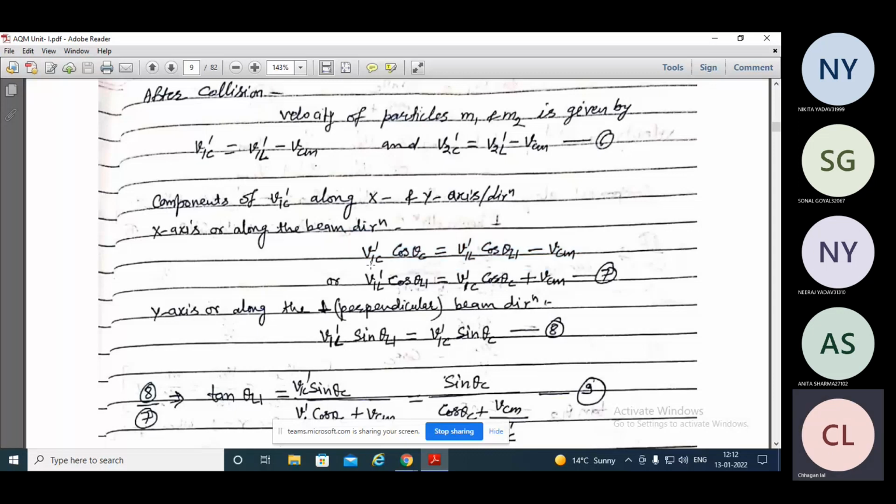So you can rearrange this term: V1L prime cos theta L1 equals V1C prime cos theta C plus VCM. This is equation number 7.